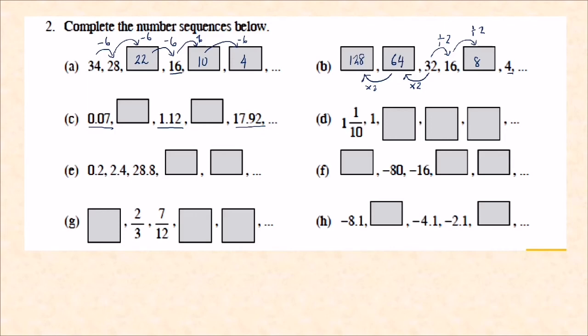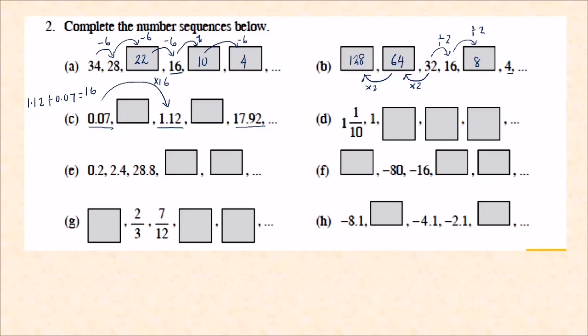Okay, so 1.12 divided by 0.07 equals 16. So from here to here is multiply by 16.